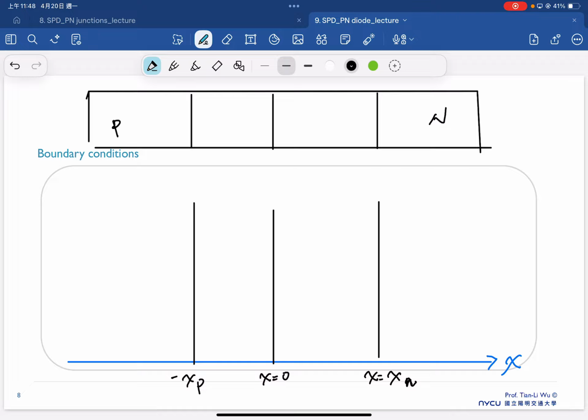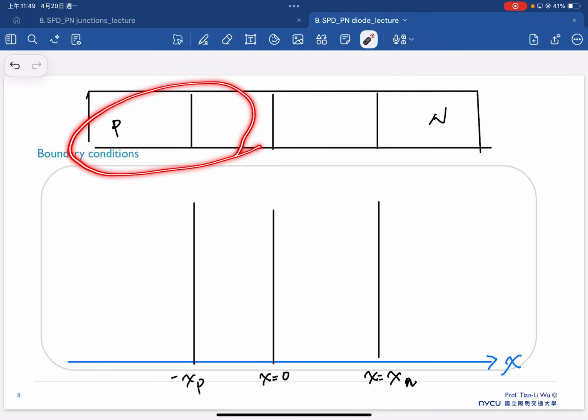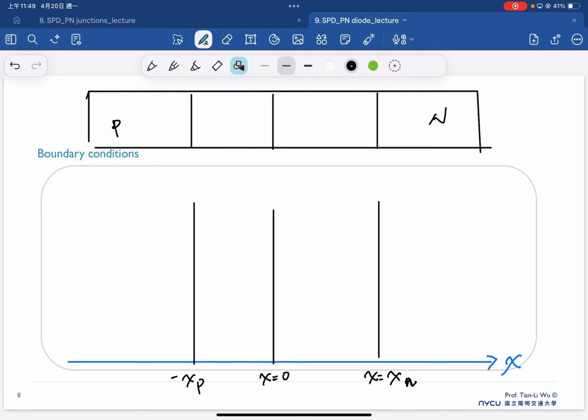First of all, just consider the thermal equilibrium case. In the P region, we have a thermal equilibrium minority carrier which is NP0. So first we can plot the NP0, which is shown here. Similarly, we first draw the PN0 here.